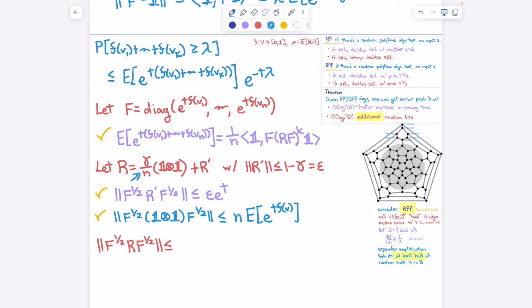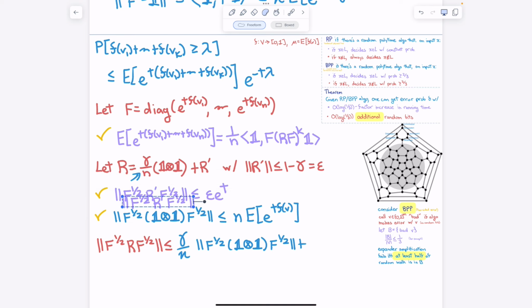So this thing is at most gamma over n times this thing plus this thing. Am I doing that right? I think we just start plugging in gamma.